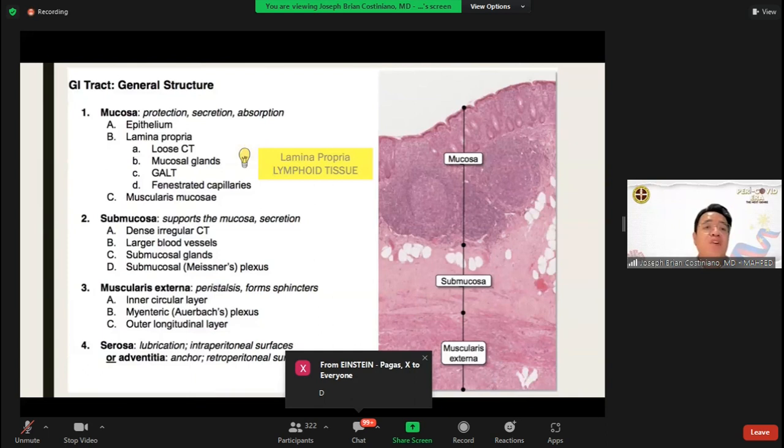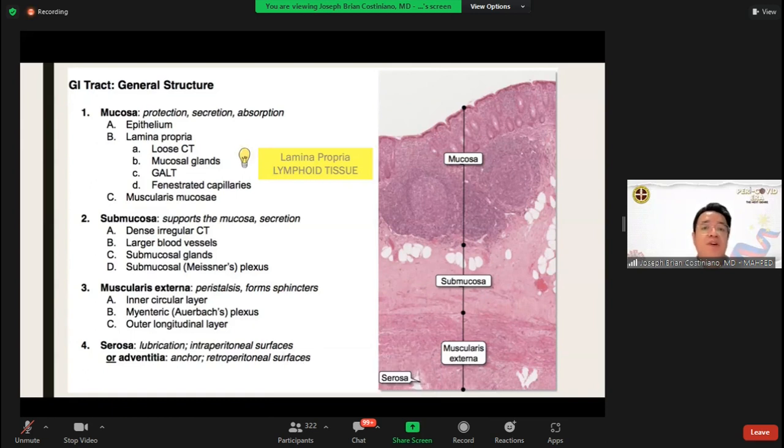And again, your mucosa is for protection, secretion, absorption, and it contains your lymphoid tissue in your lamina propria. Meanwhile, your submucosa includes your submucosal plexus or your Meissner's plexus, and your Meissner's plexus is in charge of secretion.